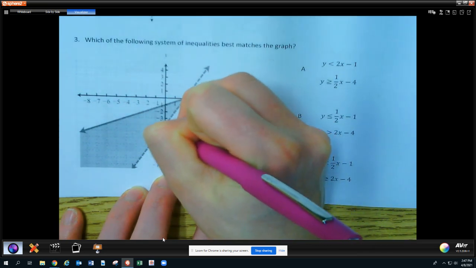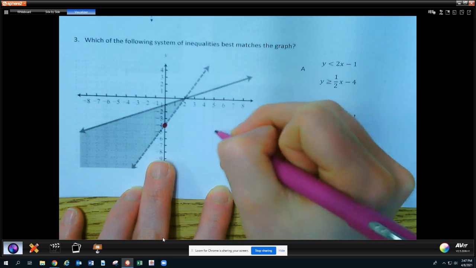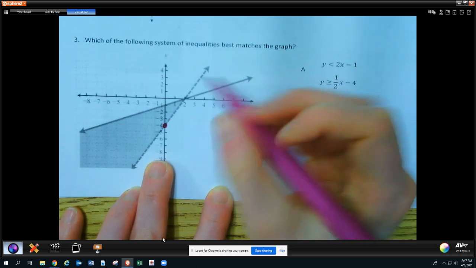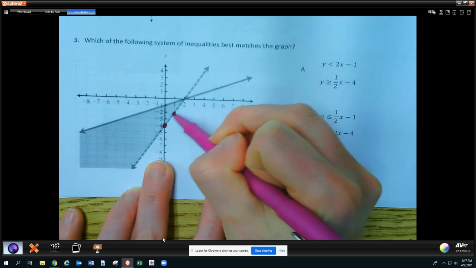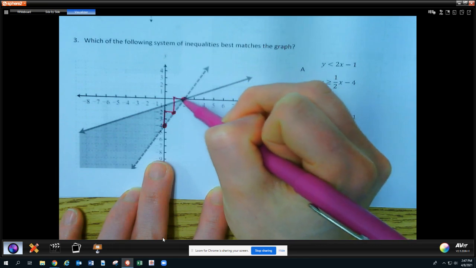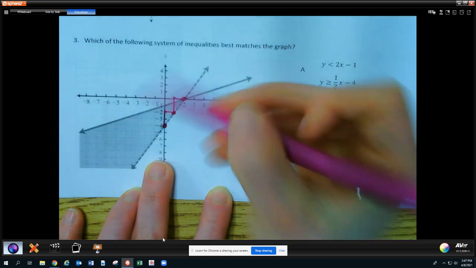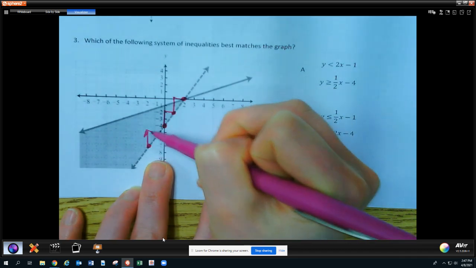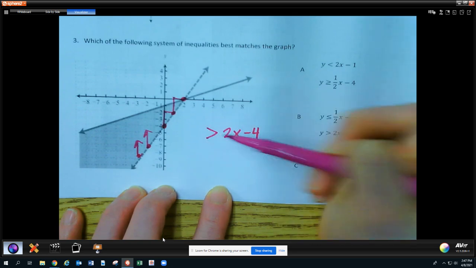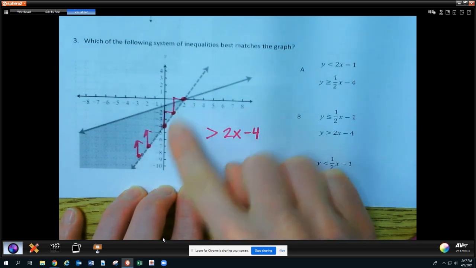It has a y-intercept of -4, and then a slope, looks like we're going up 2 over 1, up 2 over 1. Okay, and then if you put your pen on any point, you are pointing up, so we need a greater than sign, and we are not going to draw the line because it's dotted.